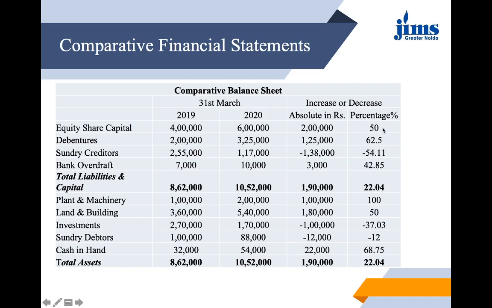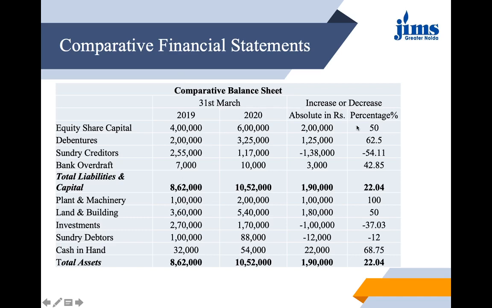And here I have just calculated the percentage, because percentages signify the things in a better manner. The 50% increase was there in the capital. How have I calculated this 50%? I have taken this absolute amount, multiplied it by 100 and taken this 2019 amount as base.